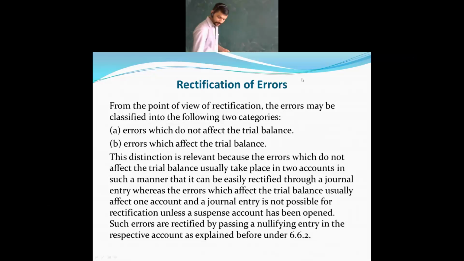Just like an example, if we take excess amount paid for rent, rupees 500. This is the excess amount which is paid, and the less amount, or under cost, we can call for wages.